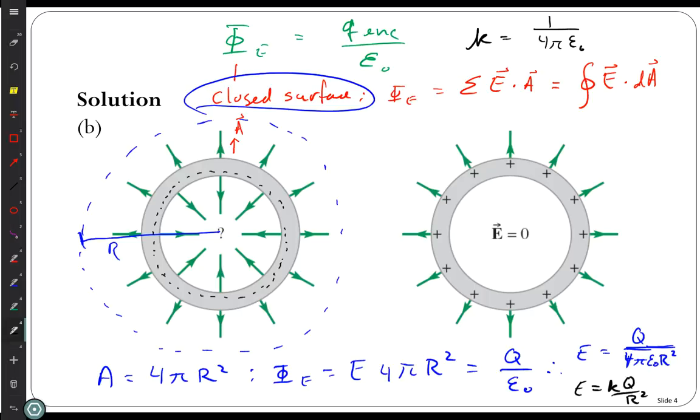What can you tell me about the conditions inside the conductor? The electric field is 0 inside the conductor. So in this case, what's the flux going through that surface? Has to be 0. And so if the flux going through the black surface is 0, how much charge is enclosed?